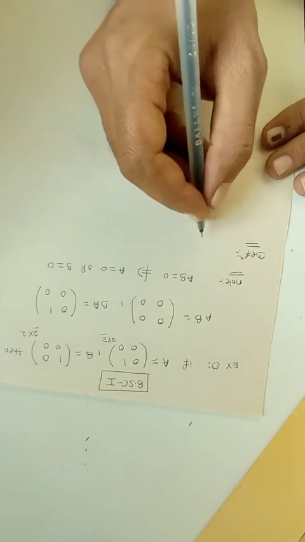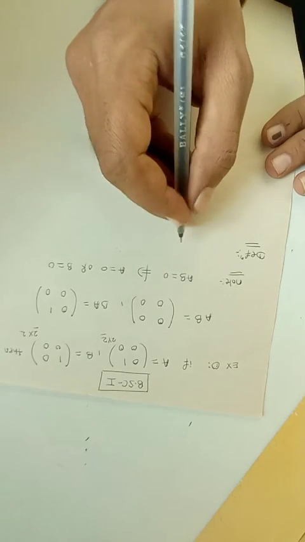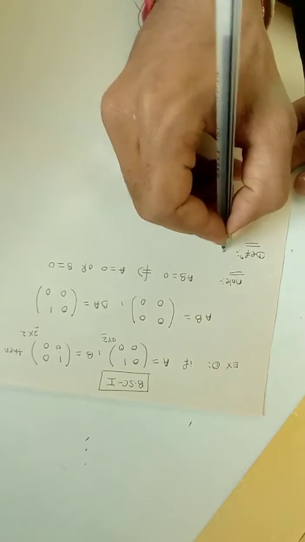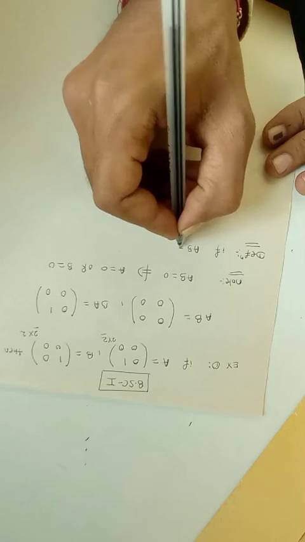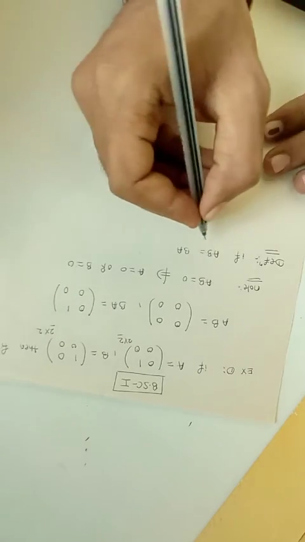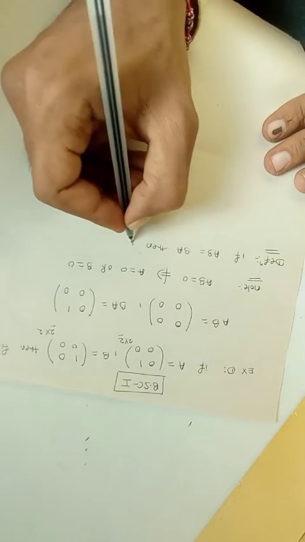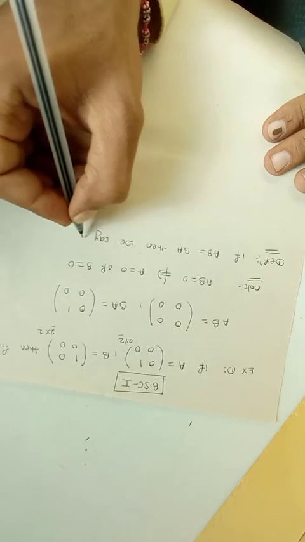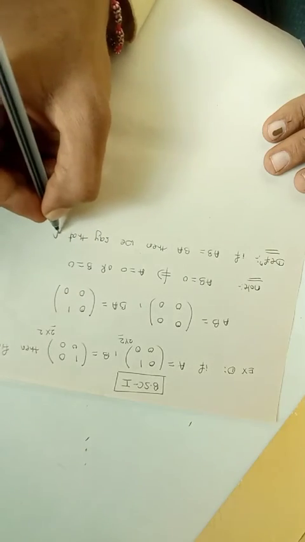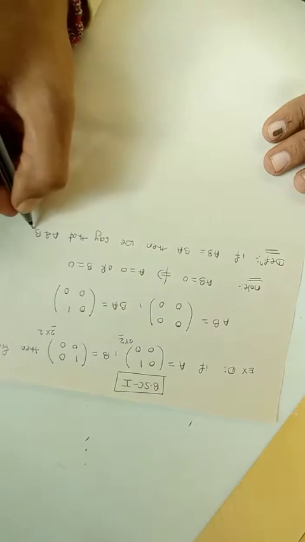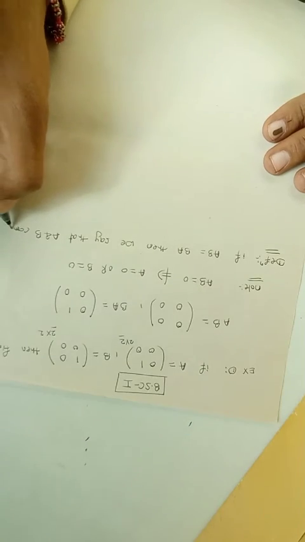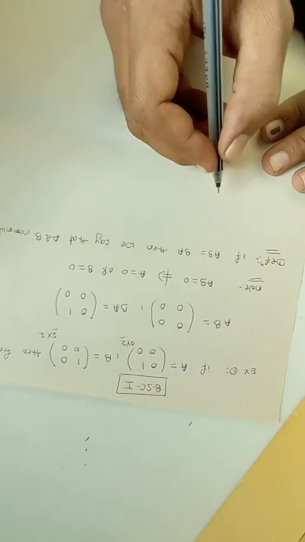If AB is equal to BA, then we say that A and B commute with each other.